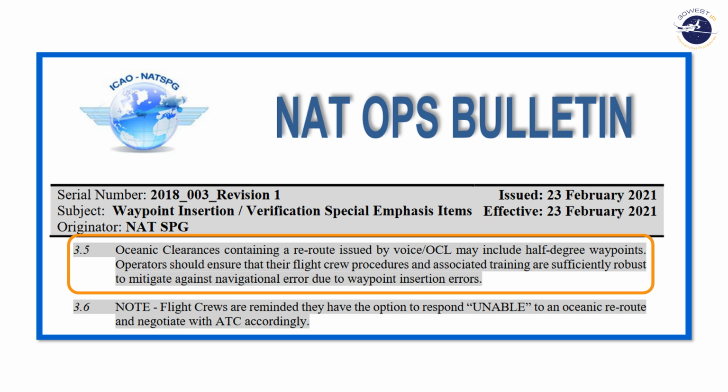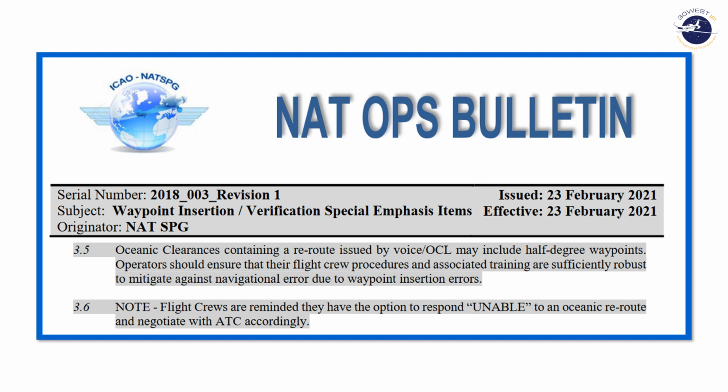Previously, we were told that half-degree waypoints would only be issued via route clearance uplinks, and not through voice. But now, according to this statement, you can expect a half-degree waypoint in an oceanic clearance and a reroute clearance either delivered by voice or by link, and you need to be aware of the procedures associated with using those. Mitch did reach out to a couple of oceanic managers in the NAT region to ask about this expanded use of half-degree waypoints in the NAT.